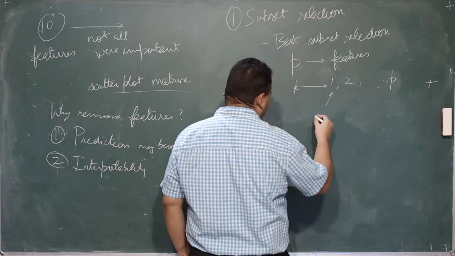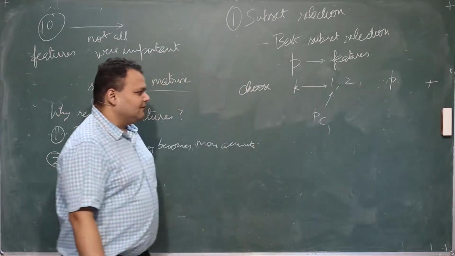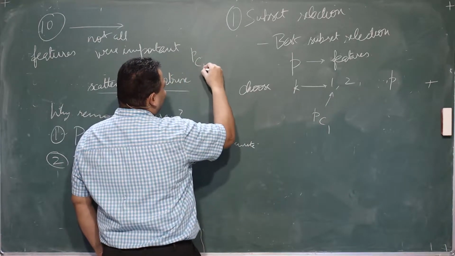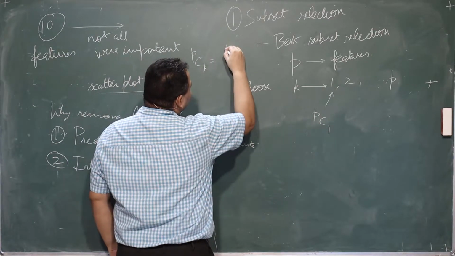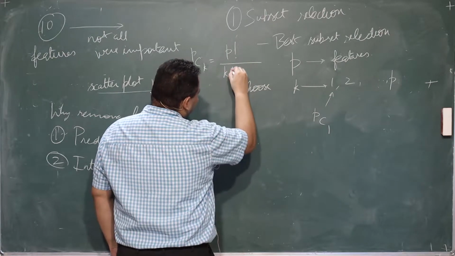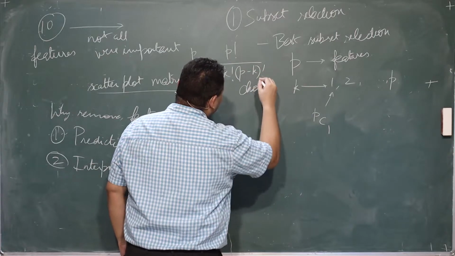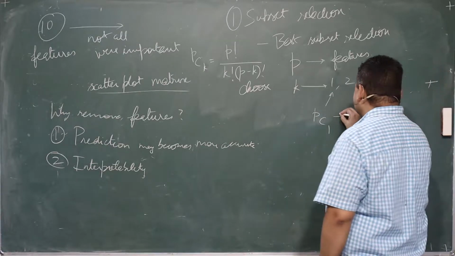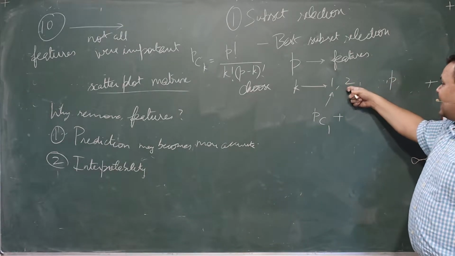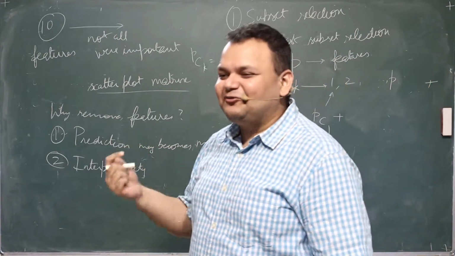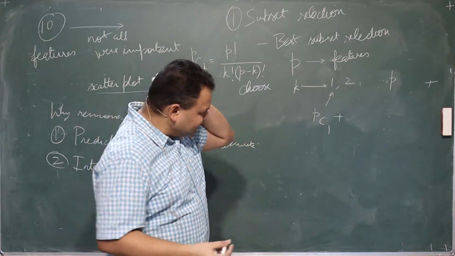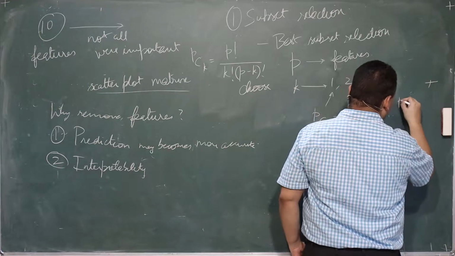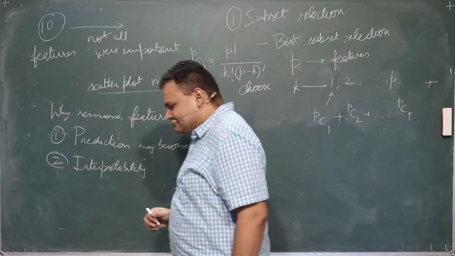If you choose k is equal to 1, it will be pC1, where C stands for combinations. pCk is equal to p factorial over k factorial times p minus k factorial. This is the definition of pCk. So pC1 plus, if you were to choose 2 features out of those p, pC2, and so on until pCp.